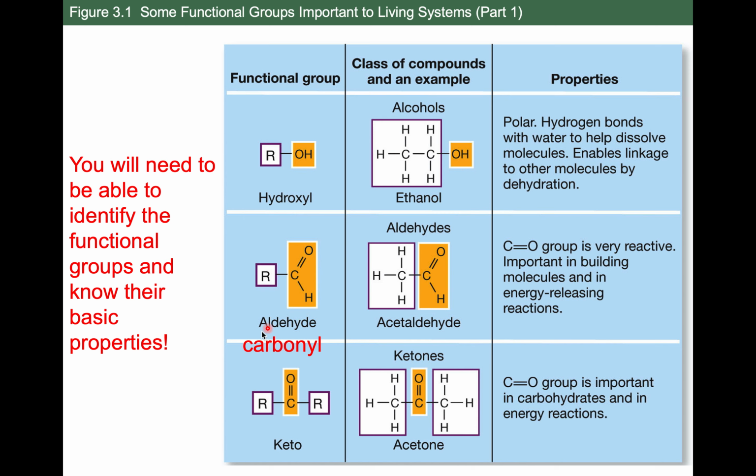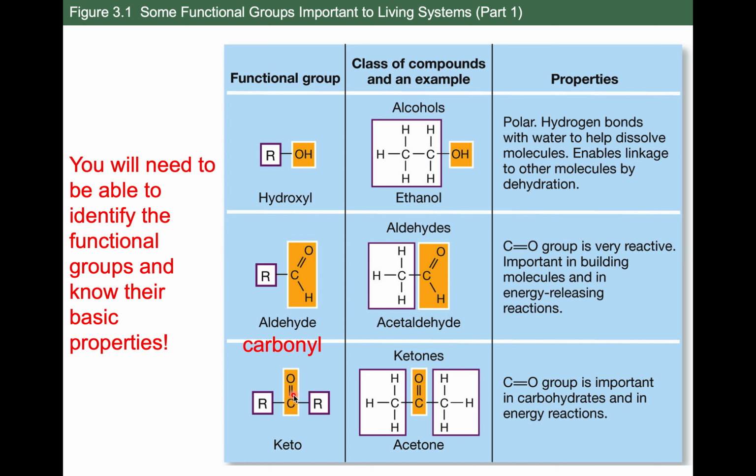The second functional group is what's called the carbonyl group, which is carbon double bonded to an oxygen, and there may be a hydrogen attached as well to that carbon, depending on whether or not the carbonyl group is at the end of a molecule or in the middle of a molecule.